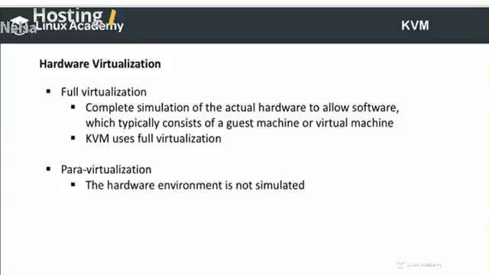Now, para-virtualization employs a collection of software and data structures that are presented to the virtualized guest. In other words, this requires software modifications to the guest, and they use a para-virtualized environment. Para-virtualization can encompass the entire kernel, as in the case for Xen para-virtualized guests, or drivers that virtualize I/O devices.